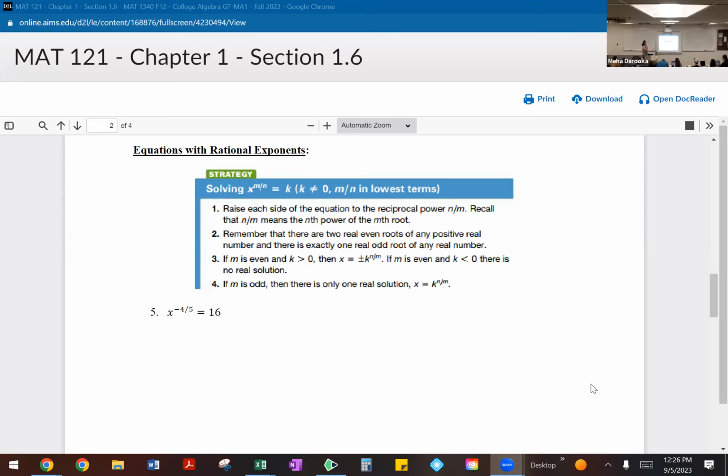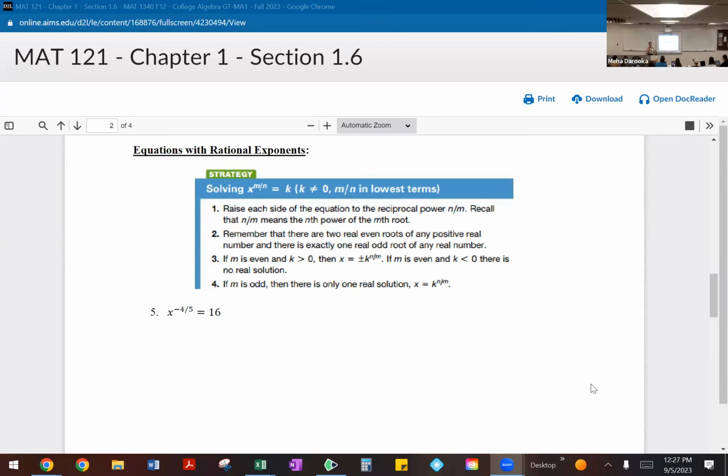If your m value is even, my numerator, and the k value, the number on the right-hand side, is a positive number, you are going to come up with one positive, one negative solution. If m is even, but your k value is less than 0, and we saw this with the square root property, you're not going to get a real solution, you're going to get an imaginary solution.